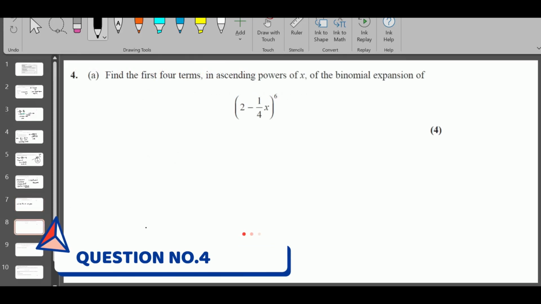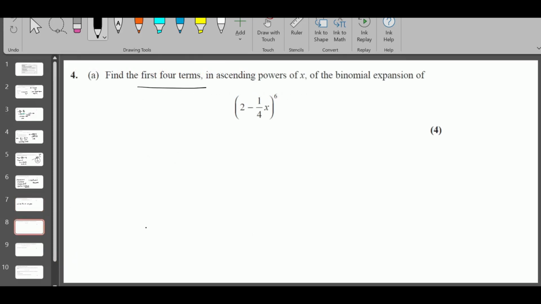Question number 4. From binomial expansion, they want us to find the first 4 terms. 2 minus x over 4, the whole to the power 6. So the expansion is (a plus b) power n. a is the first term, n is the power: a power n, plus nC1 a power n minus 1 times the second term.